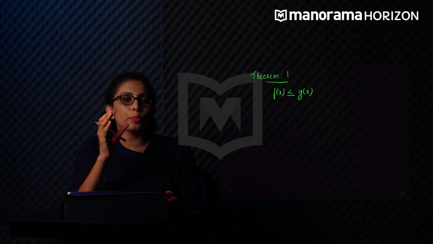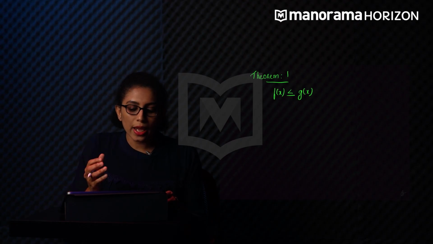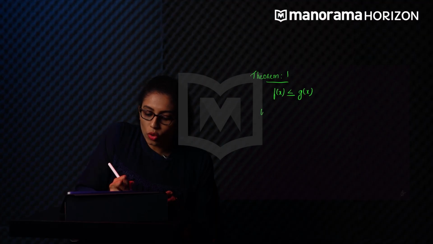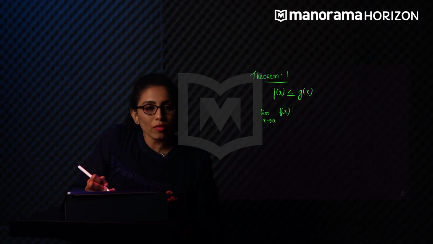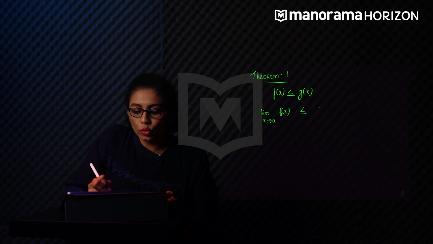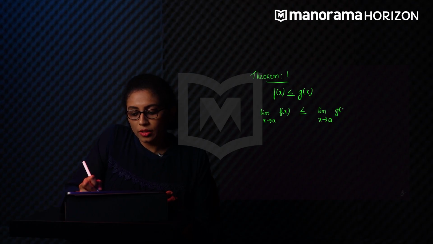where we consider some point in the domain, let's say x tends to a, the limit x tends to a, f of x will always be less than or equal to limit x tends to a, g of x.